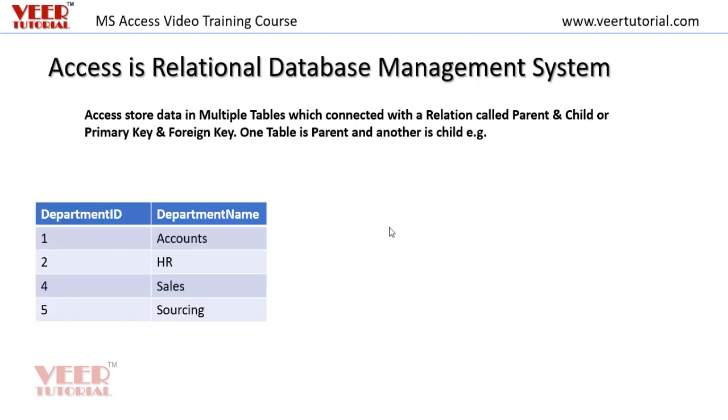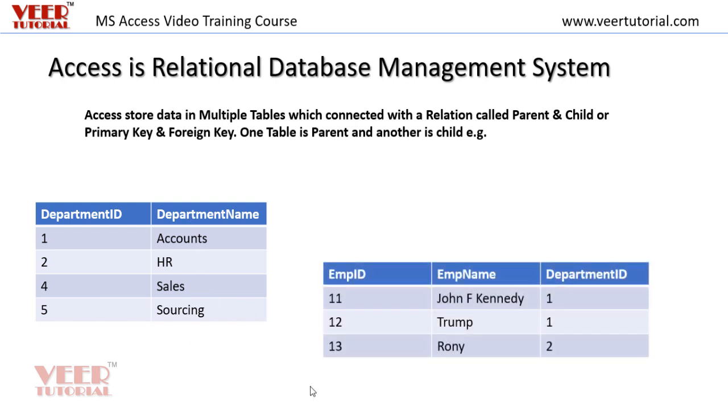We will take the example of employee records. We have one table for departments, with a department code and name. We have another table in which we have records of our employees, with an employee code, employee name, and department ID. This is the parent table and this is the child table.